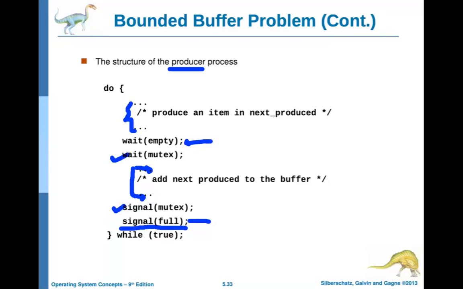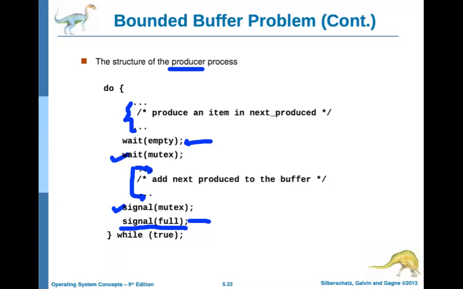Try to understand this, because producers and consumers have to be synchronized, right? Whenever an element is consumed by the consumer, that creates an empty space. That means it will wake up the producer.